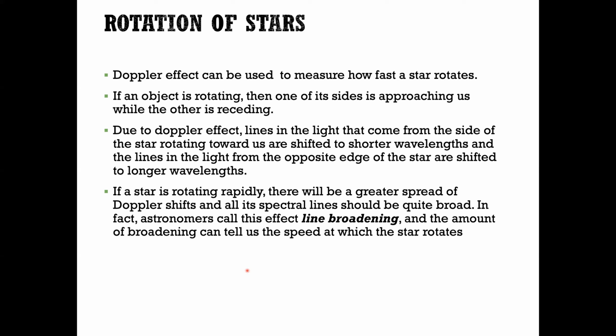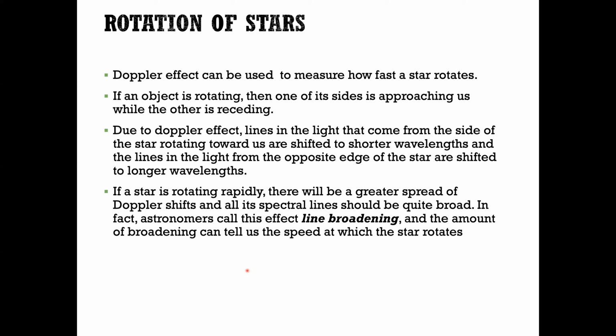And so because of the Doppler effect, the side that is moving away from us will be red shifted, and the side that moves towards us will be blue shifted, right? So that's what normally happens.